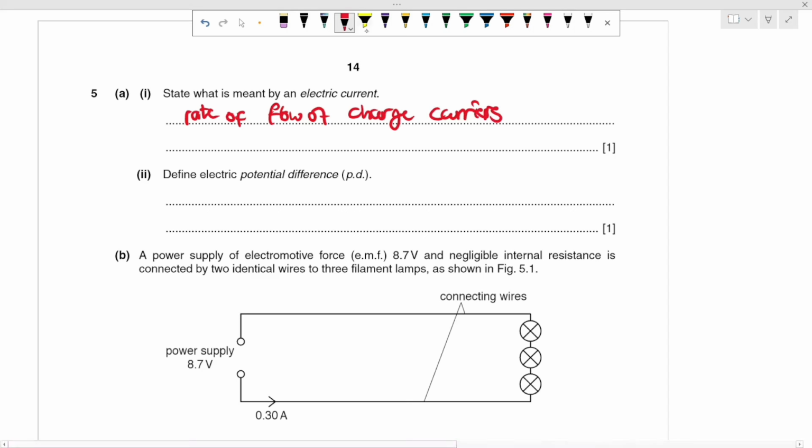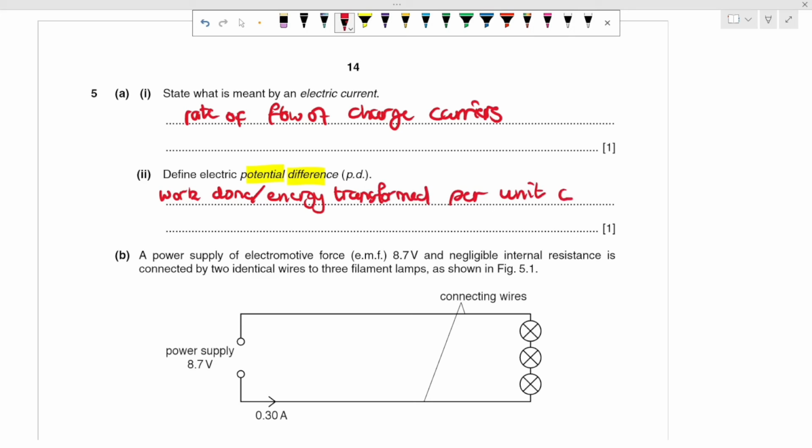Define electric potential difference. Okay, so potential difference is basically the work done, or the energy transformed, per unit charge, right, from electrical to other forms.